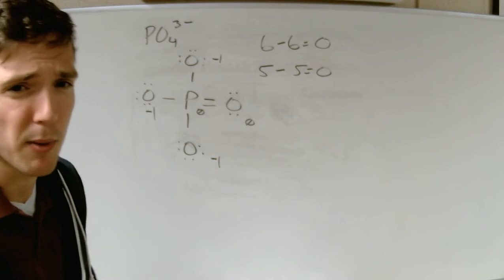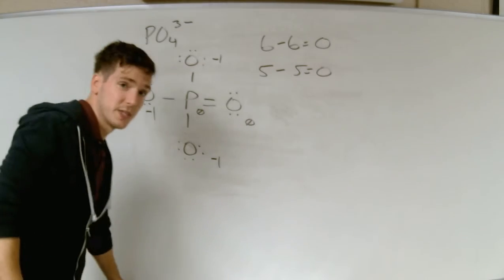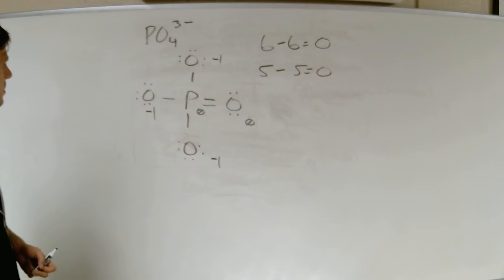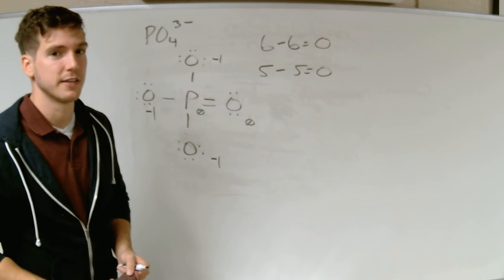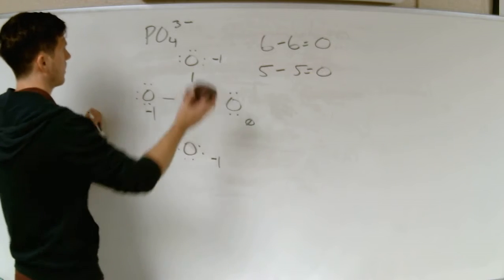Let's look at another polyatomic ion and see what we can do with that. Let's look at NO3 negative. Let's see what causes that negative charge on NO3.